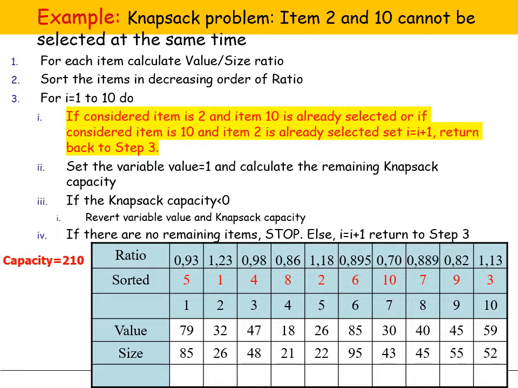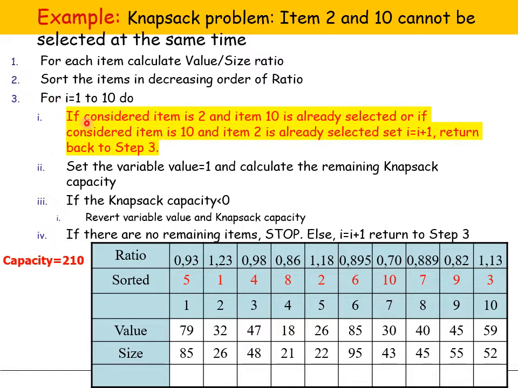But when we have this restriction, now in our algorithm we need to include a control. It means that we are including one more step. And in this step, what we do, so in the main loop, for I equals 1 to 10, which means that for each one of the 10 items, we are repeating these steps.